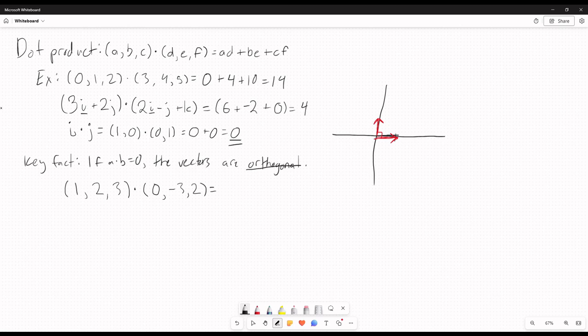Well, that's going to be 0 plus -6 plus 6, which will equal 0. So we're saying these vectors are orthogonal.